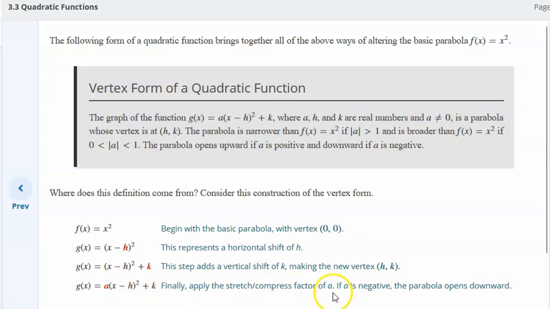And again, if our A value is negative, then it's going to open downward. If A value is positive, it will open upward. So again, hopefully you're taking some notes, and we will be reviewing this, of course, as we go on.